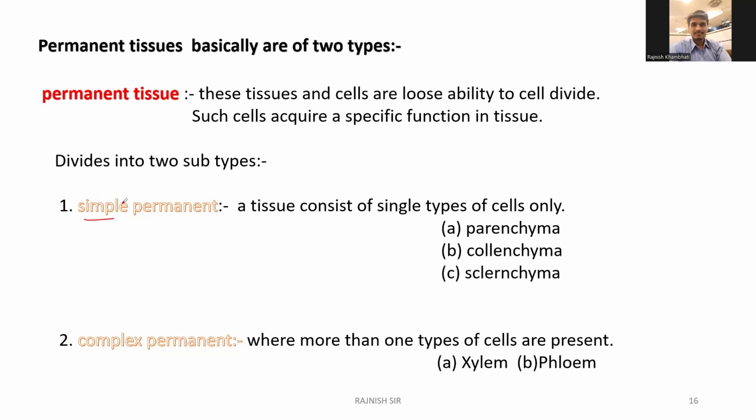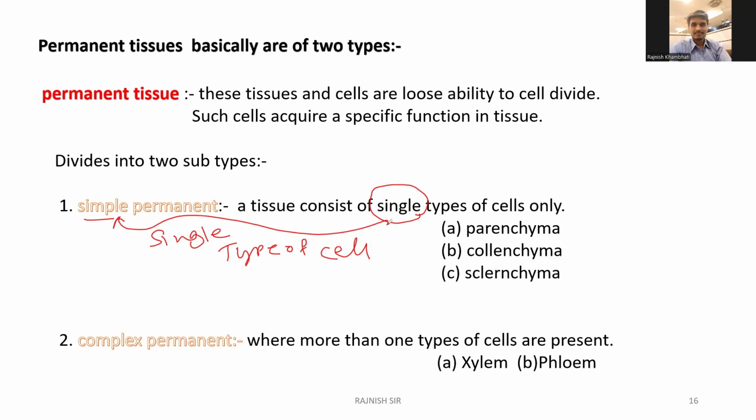We call them simple because they are made up of a single type of cell. Means all the cells in the tissue are the same.